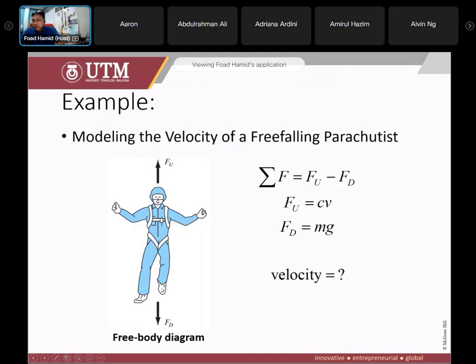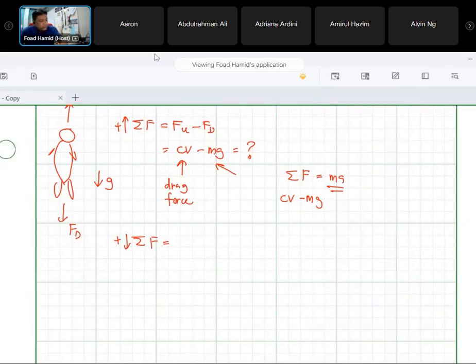Because we know when somebody jumps from an airplane, this is what happens. Before you jump, the velocity is 0.